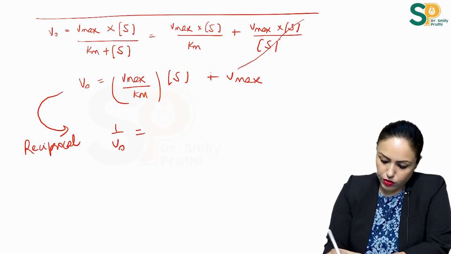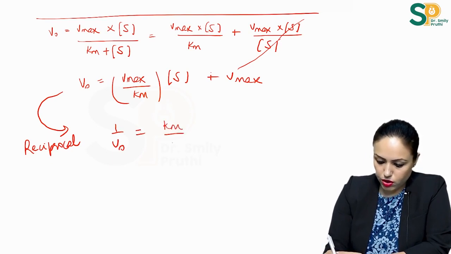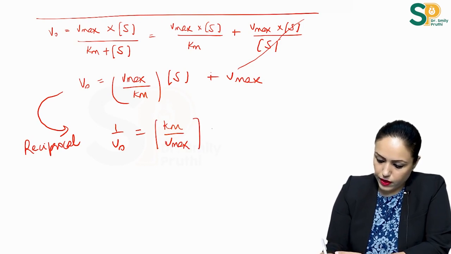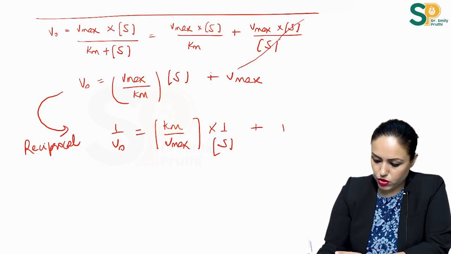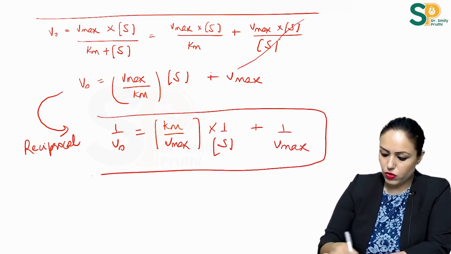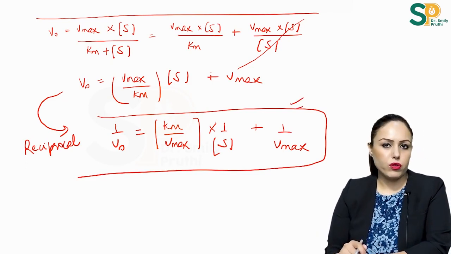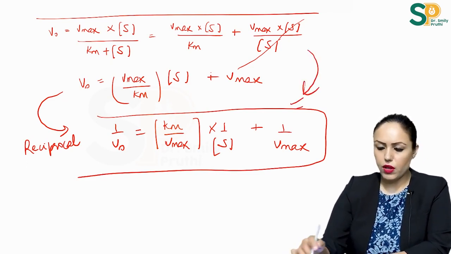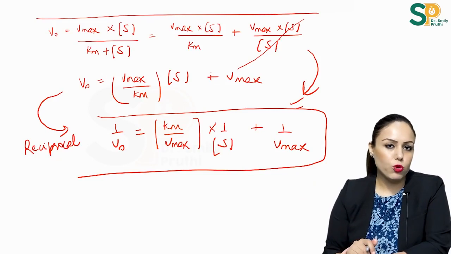So 1 by V naught is equal to Km by Vmax into 1 by substrate concentration plus 1 by Vmax. So this will be the equation of the Lineweaver-Burke plot. Very easy. I have just deduced it from the Michaelis-Menten equation.